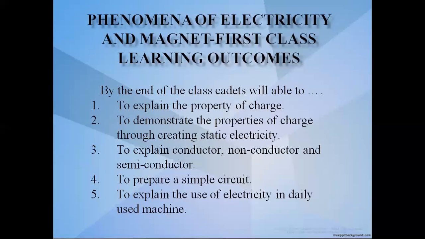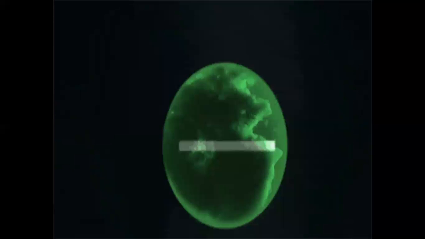So no more delay, we are going to discuss first the properties of charges. First, you must see the animations. This is the explanation of charges, and the negative charges are electrons.